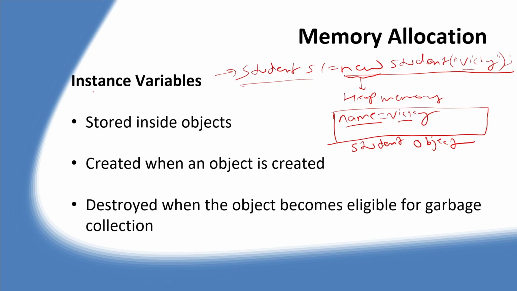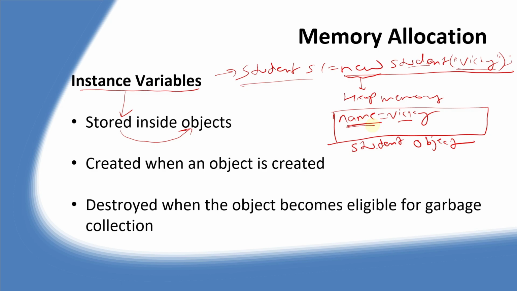So this is the execution of this whole statement. So we are talking about here instance variable. So where these instance variables are stored? Inside objects. So here you can see instance variable is name, we are passing, right? Student has name. Student class will have property name. So that property after object creation we call it as instance variable. So that instance variable will be residing where?